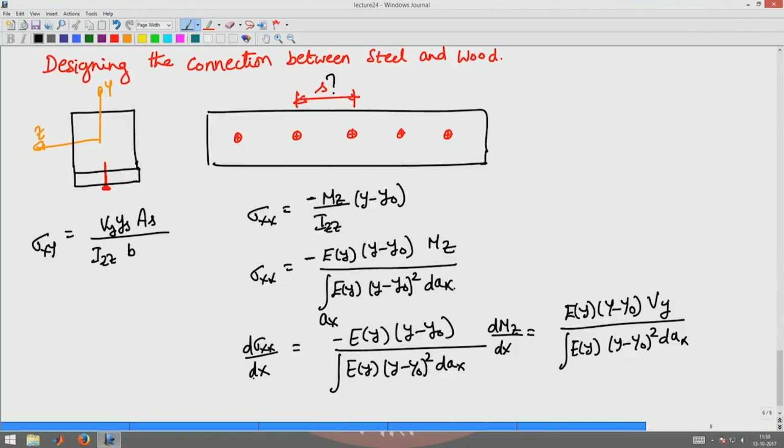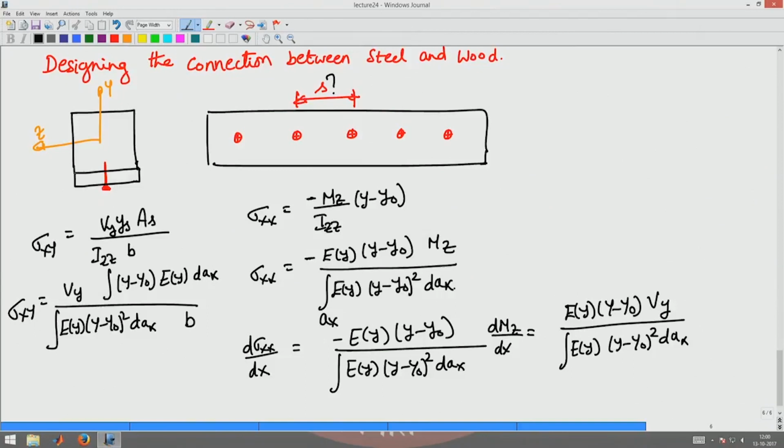Now either I have to go from first principles and rewrite the sigma xy expression as Vy divided by the integral of E of y times y minus y naught whole square dAx, times b of y, into the integral of y minus y naught times E of y dAx, up to the section where I am interested in finding the shear stress, from y to d by 2 say.